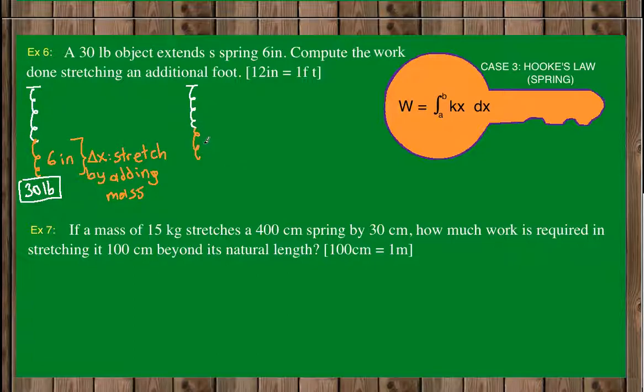This is our delta x, which is 6 inches, which is half a foot, 0.5 foot. And we are trying to extend the spring an additional 1 foot. And here is our mass.